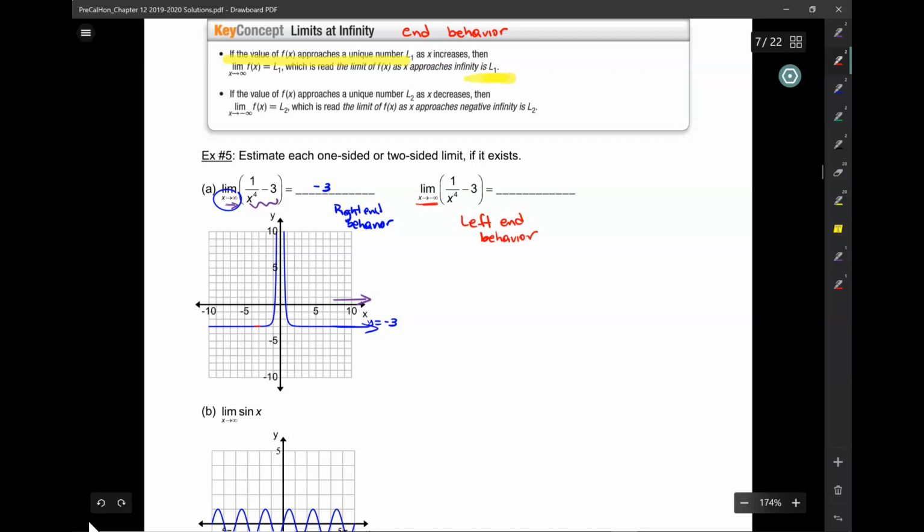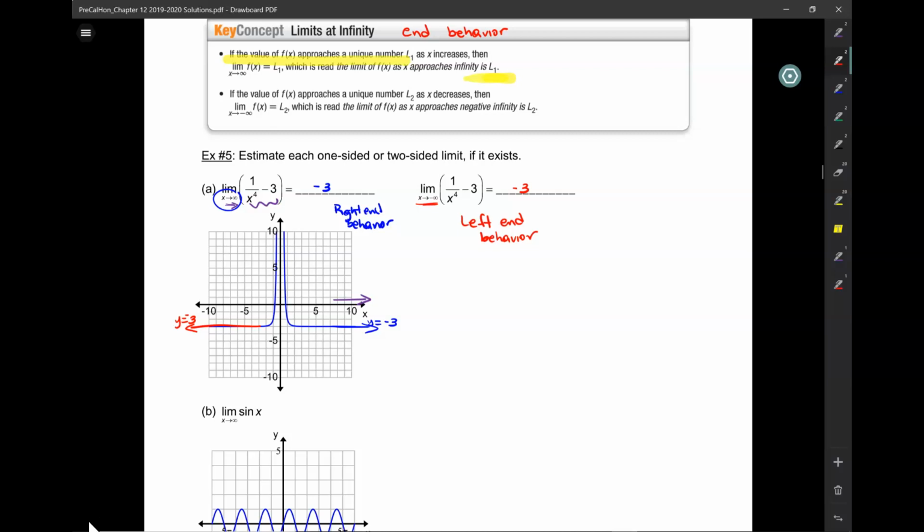As I move to the negative end of this, my graph is approaching a y value of -3. So I say it's -3. Now this is not like we look at it from the left, we look at it from the right. If it's -3, then we say the limit is -3.